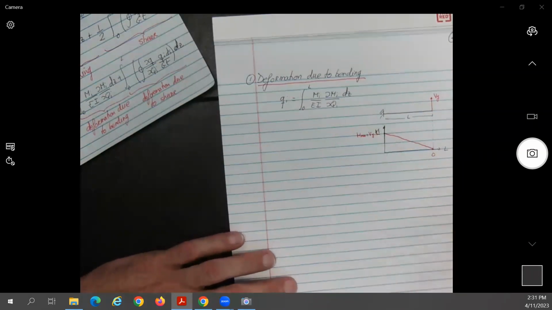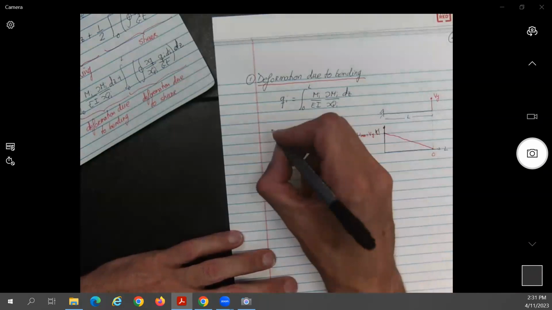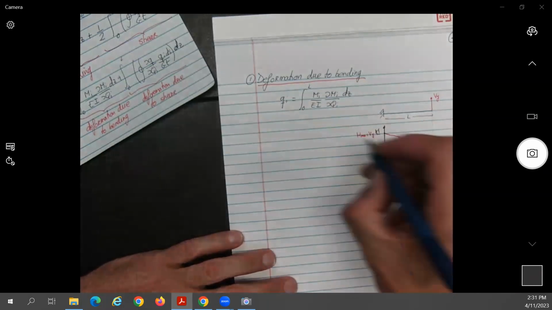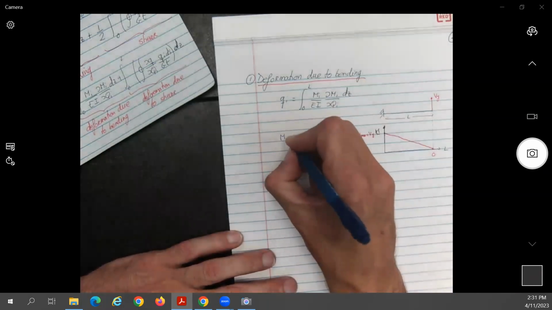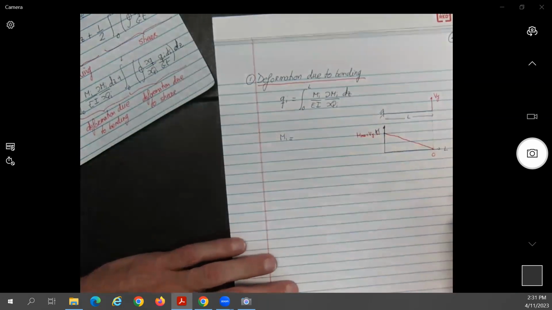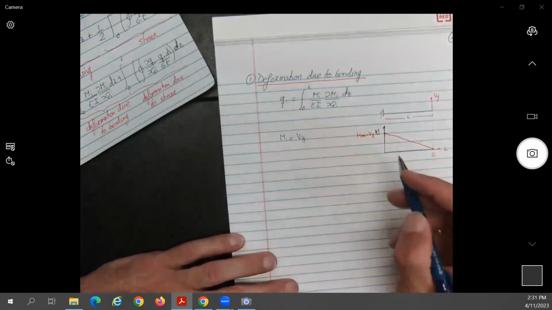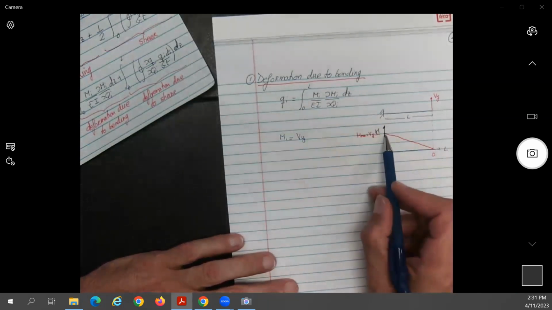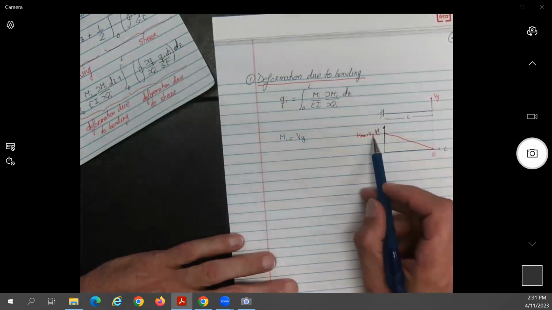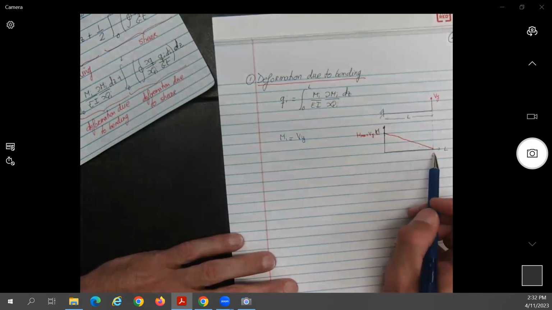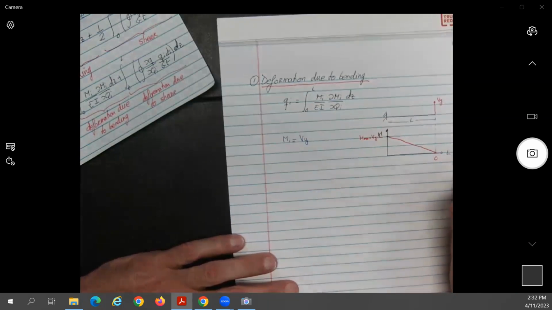Okay. So really the moment equation is a straight line. What is the value at the root? It should be Vy times L, no? And at Z equal L, it should be 0.